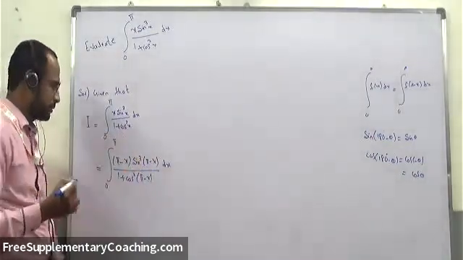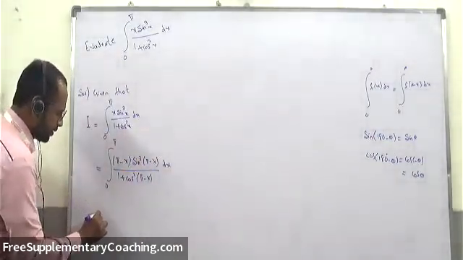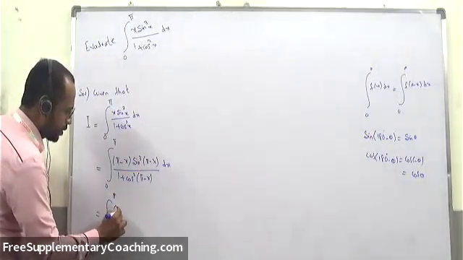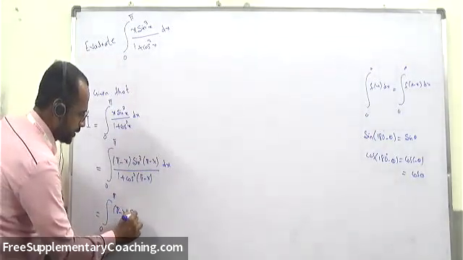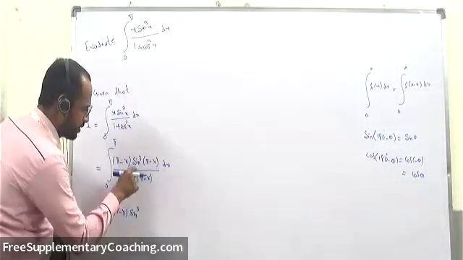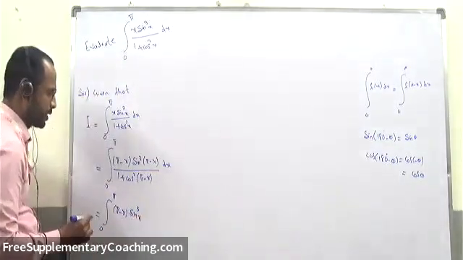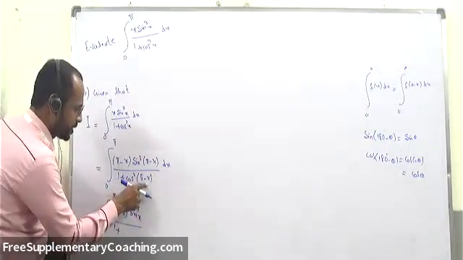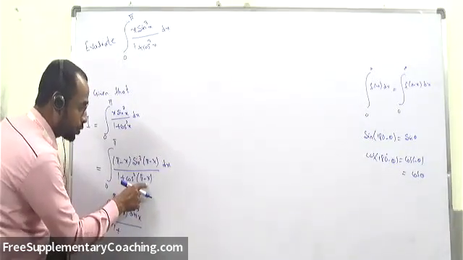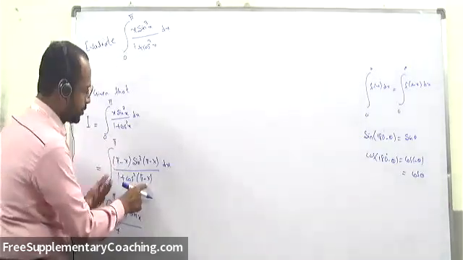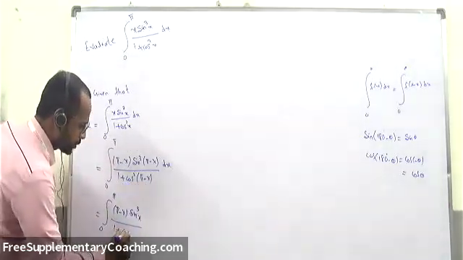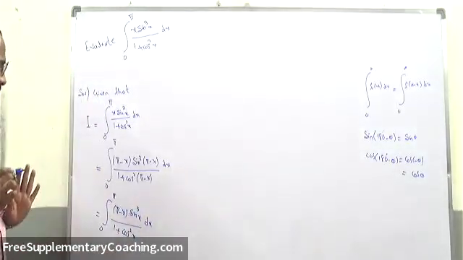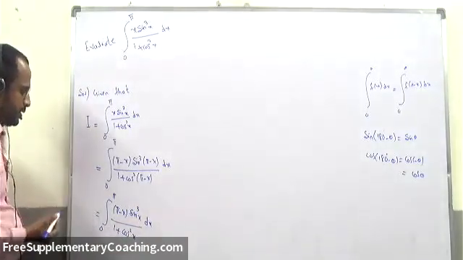According to that, integration of 0 to pi, pi minus x into sine cube x, divided by 1 plus cos square x into dx. This is nothing but I.